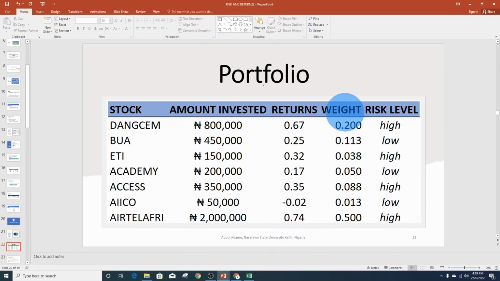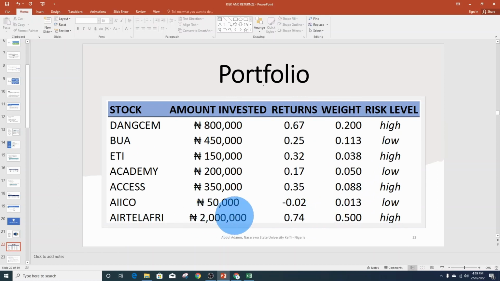Now this weight is the proportion of the total investment in each of the assets. For Dangote Cement, 0.2 of the total investment is in Dangote Cement. For BUA, 0.113, and so on.